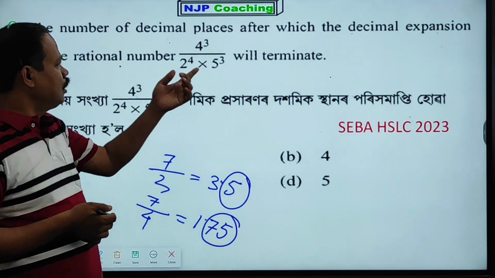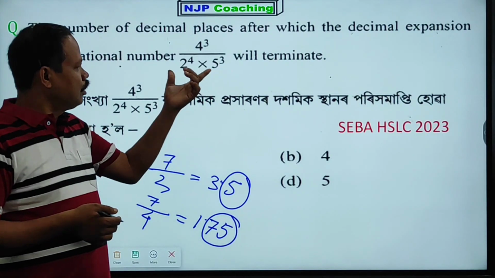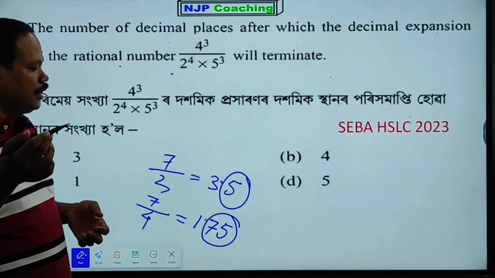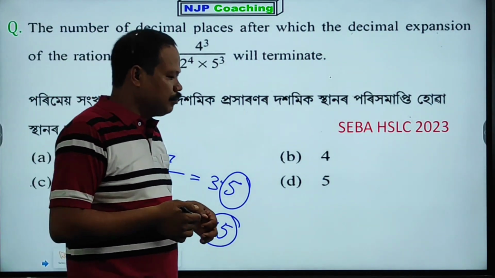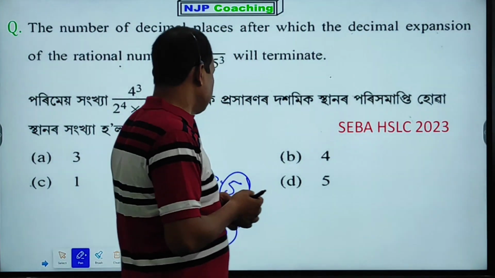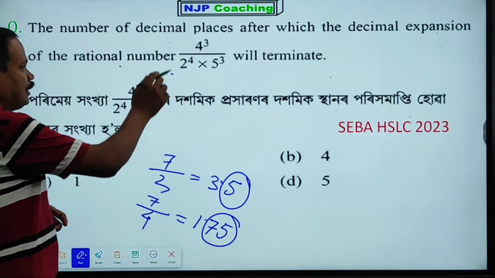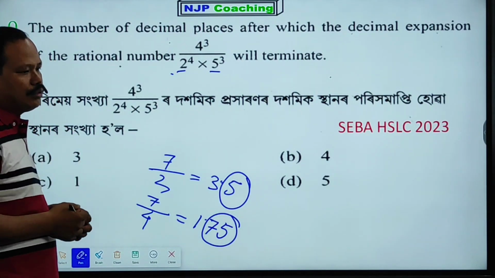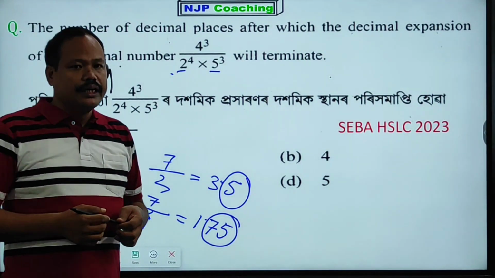Otherwise, if the denominator has another factor like 3, 7, 11, etc., it will not terminate. Now, this is a terminating decimal because two types of factors are there, 2 and 5.